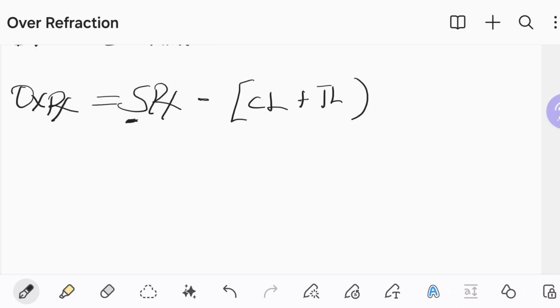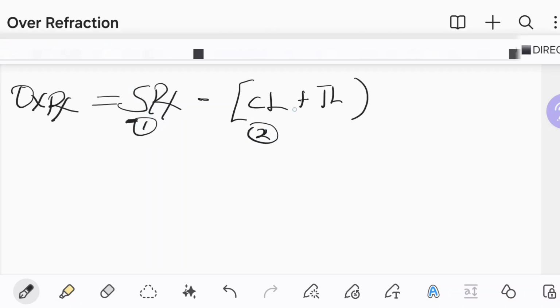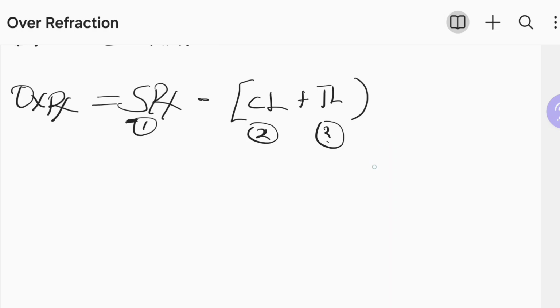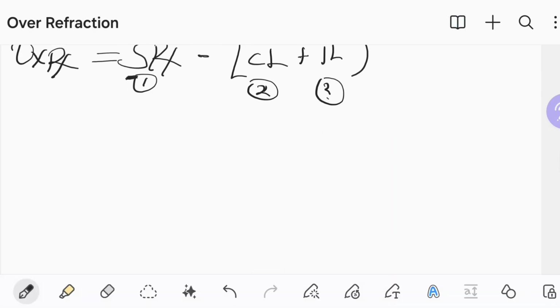I wish I could find a question where the tear lens has a value so that you will see how it works. For us to get this, we have our refraction results and we have our contact lens. The only thing we don't know how to get is the tear lens. In this question, we were given a keratometry reading.